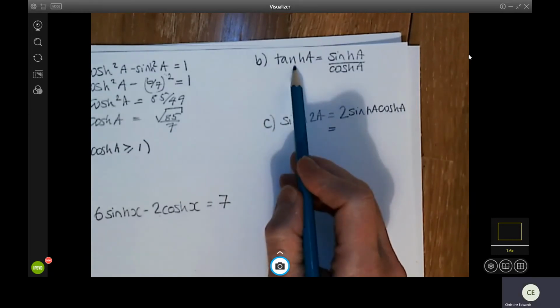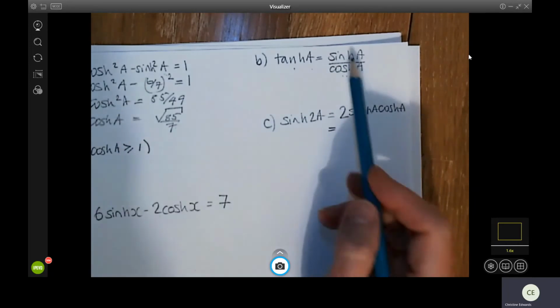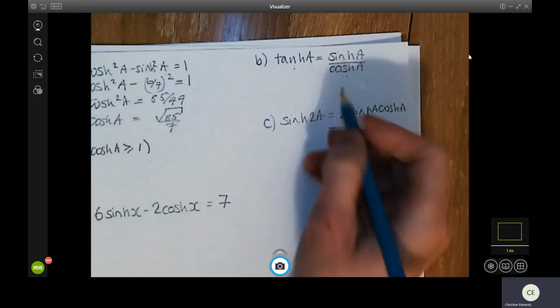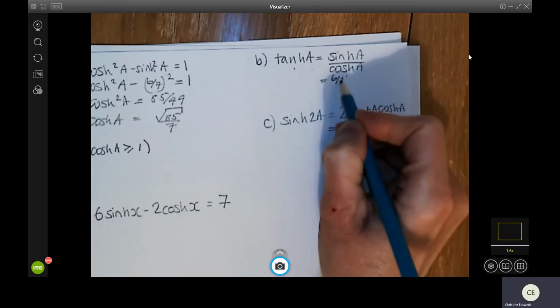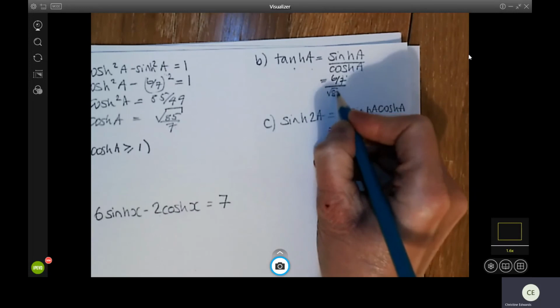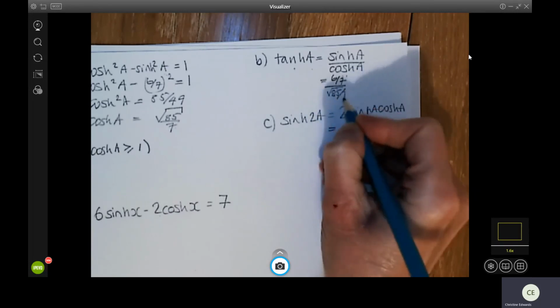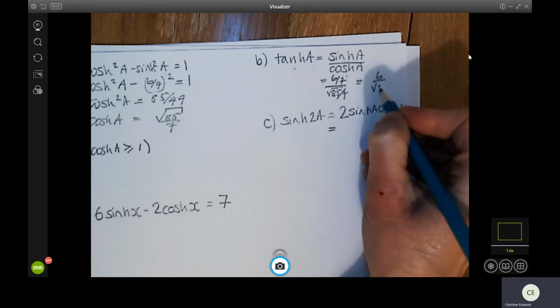Secondly, I'm being asked to find tanh of a, so I'm going to use my hyperbolic sine over hyperbolic cos identity. That means that we have 6 over 7 divided by root 85 over 7, which simplifies to 6 over root 85.